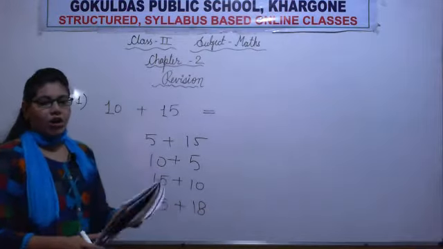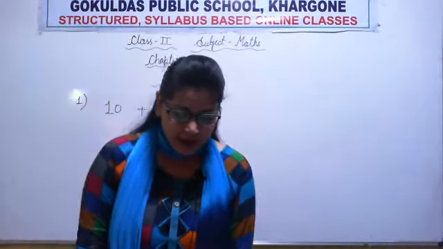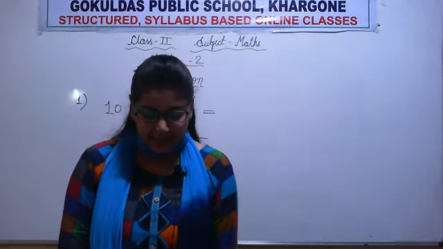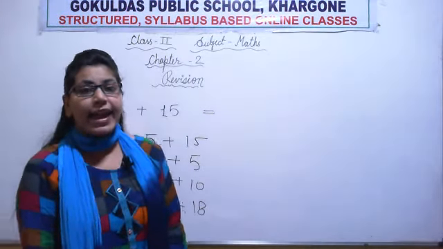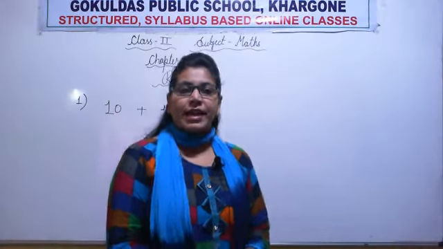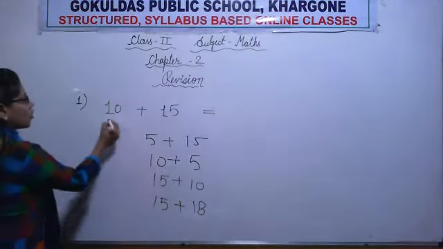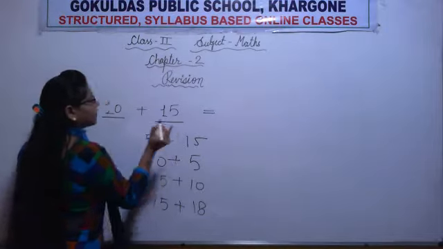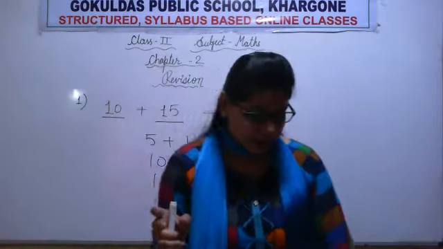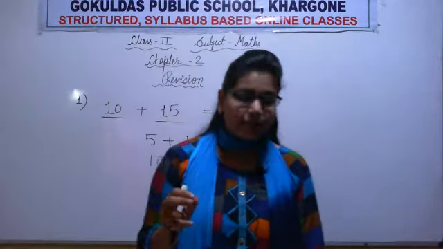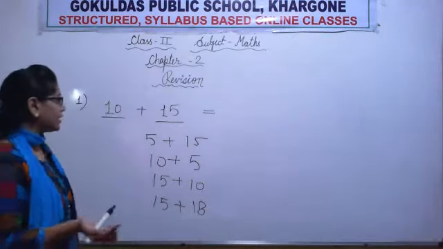Our order property says that if we change the order of numbers while adding, the result will remain the same. So two numbers are there, 10 and 15. We will find the same numbers, but the order will be changed.